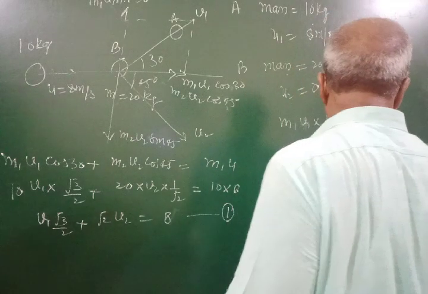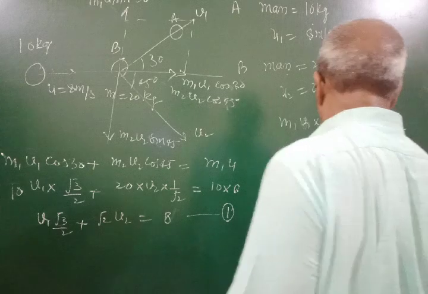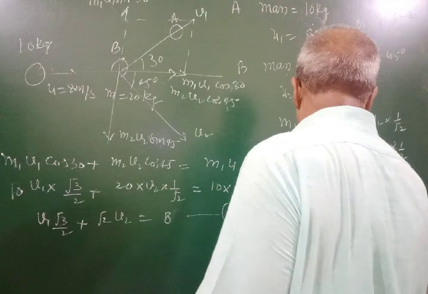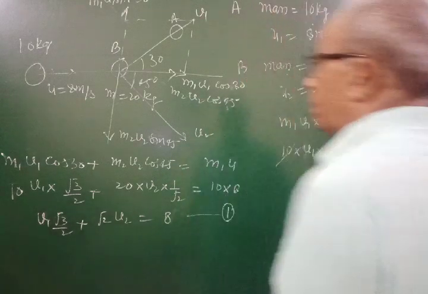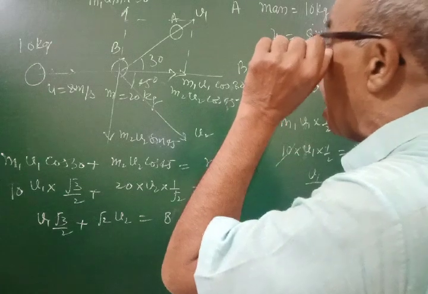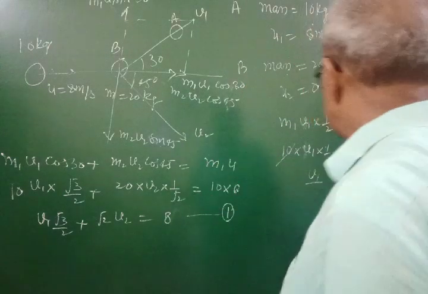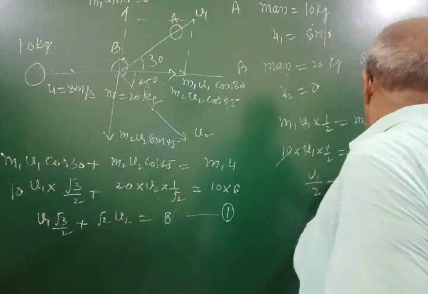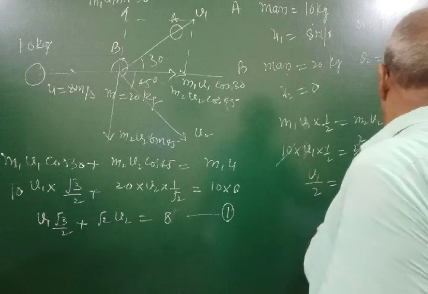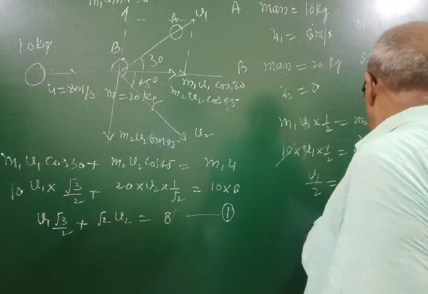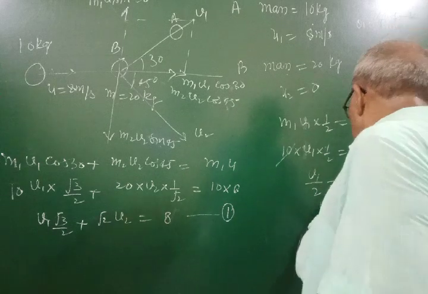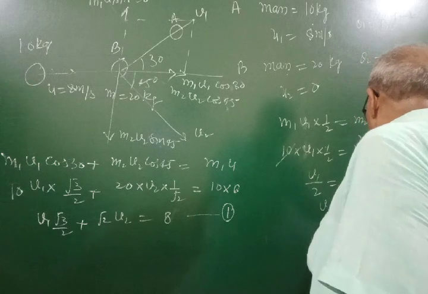Again this 10 cancels. So V1 by 2 equals 2 V2 by root 2, so V1 equals 2 root 2 V2.